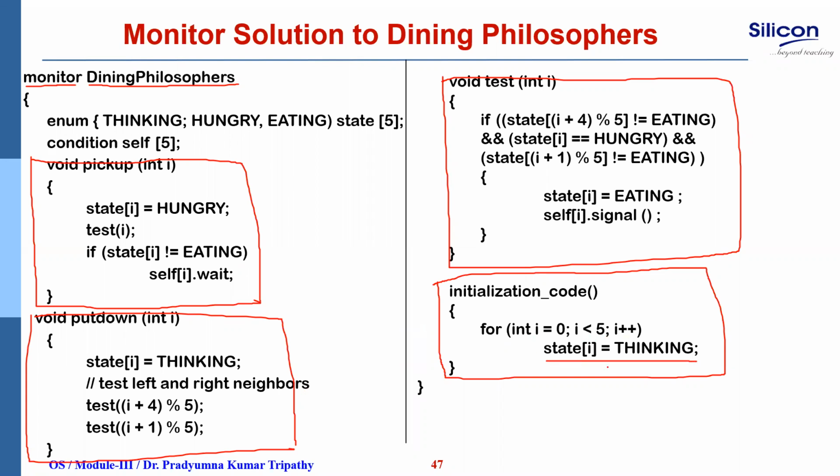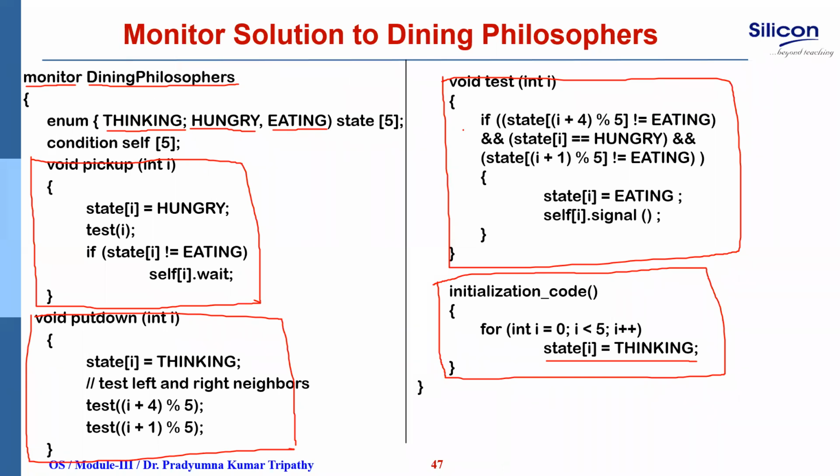What is state of i? The state of i can be thinking, eating, or hungry. I told you they spend their life eating and thinking, which is true, but before eating the state is one we have defined as hungry. That means before acquiring the resource, we must know that it is going to request, so we put that state as hungry.